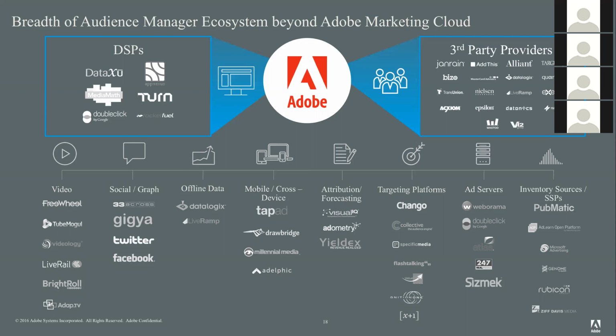And then there's a number of other types of platform that we have a pre-built server-to-server integration with. That includes offline data like Datalogix and LiveRamp, targeting platforms, ad servers, Weborama, DoubleClick, Atlas, Sizmek.